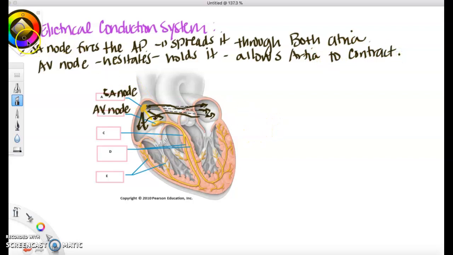So once the AV node sends the action potential, it holds on to it for just a second, and then it sends it into the AV bundle. So the AV bundle is right here.